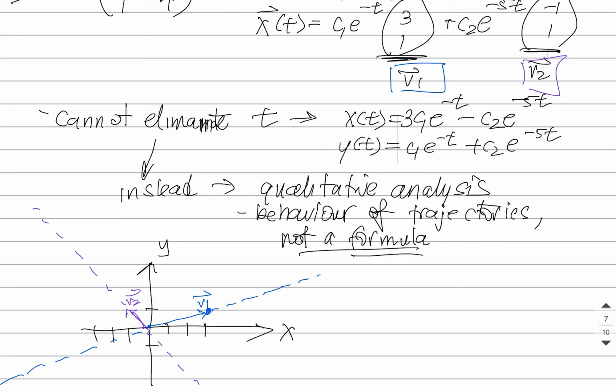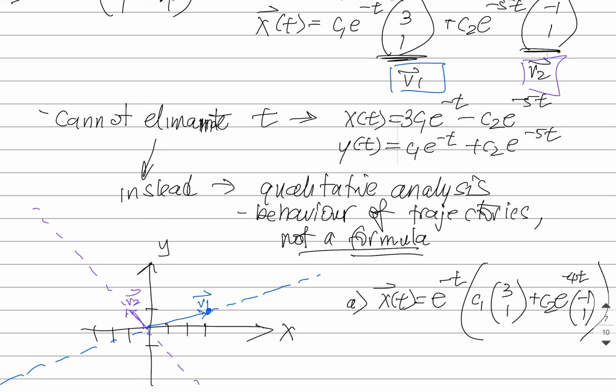To understand qualitatively what the solution is going to be doing, we're going to take a look at two cases. Now in the first case, I'm going to take the solution, x of t, from above here, and I'm going to factor out one of the exponentials. So I'm going to factor out the e to the minus t. And when I do that, I'll have a c1, 3, 1, plus c2 e to the minus 4t, -1, 1.